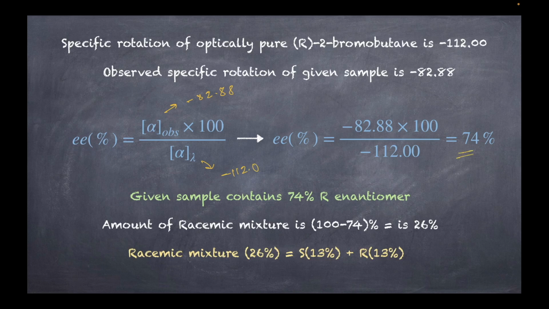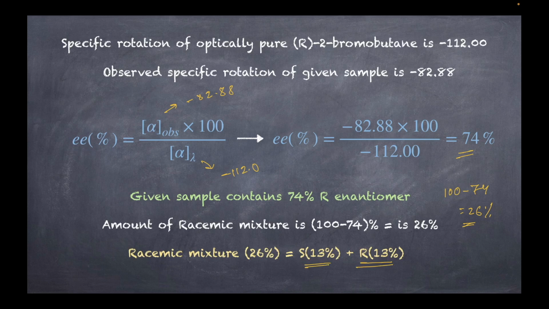That means 74% R enantiomer is present in our given sample, and the rest, 100 minus 74, which is 26%, is in the form of a racemic mixture. A racemic mixture contains equal amounts of both R and S enantiomers. So 26% racemic mixture means it contains 13% S enantiomer and 13% R enantiomer.